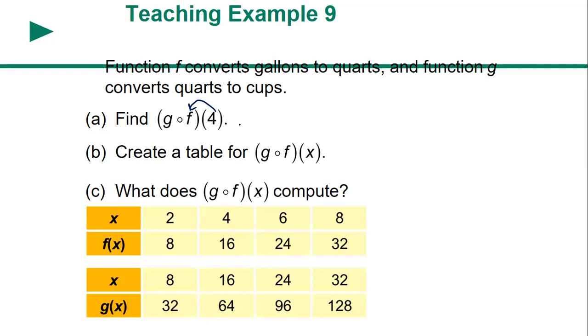And then I'm going to go exactly. So does that make sense? So if I have 4 gallons, it equals 16 quarts. 16 quarts equals 64 cups. Make sense? So this is 64 cups. Yeah? Any questions about creating or reading a table?